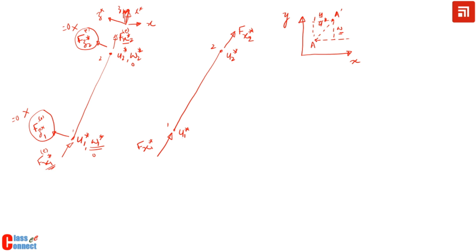The displacement will be along the local x axis of the truss member, and that local u star can be resolved into two components in the global coordinate system.